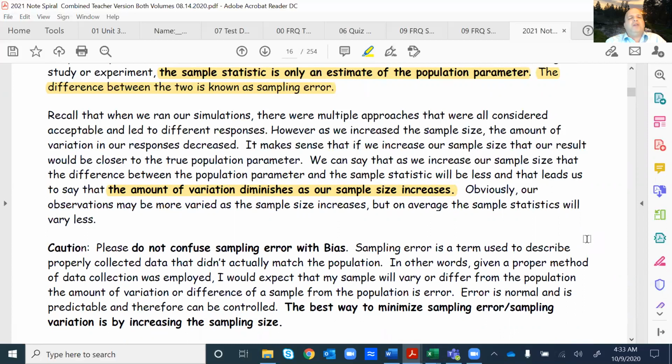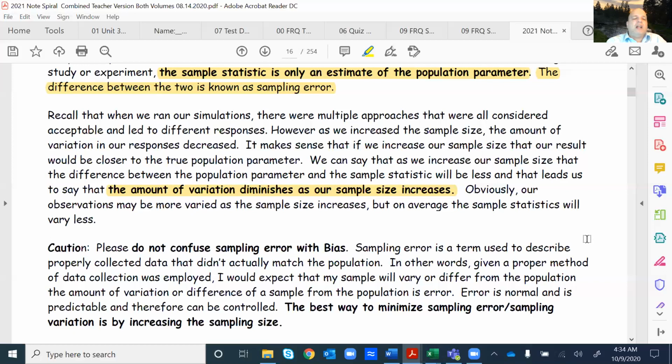But we still would be missing one person, and as such, our sample proportion would differ from the population proportion, maybe only slightly, but it would differ. So basically, sampling error is random. It randomly happens. It always happens. We're actually okay with it occurring. We cannot eliminate it, but we can decrease its effects by increasing sample size.